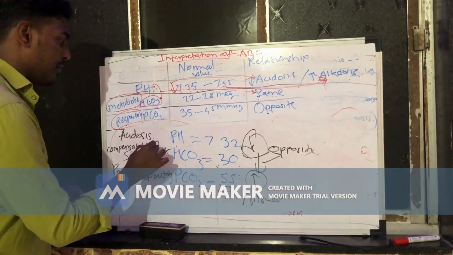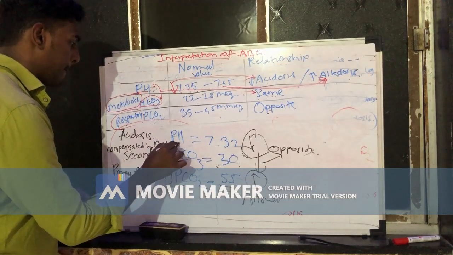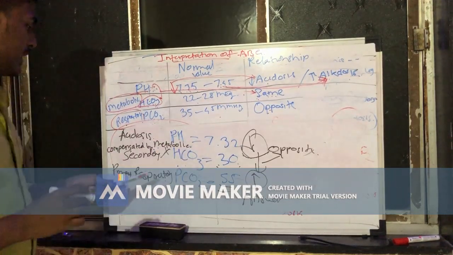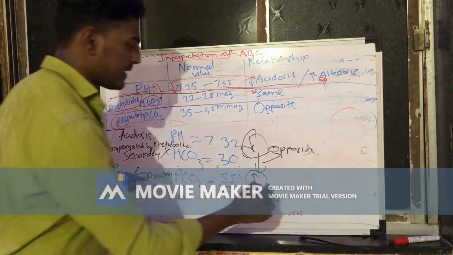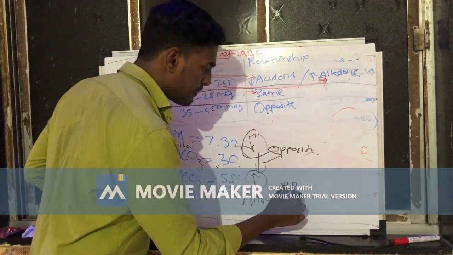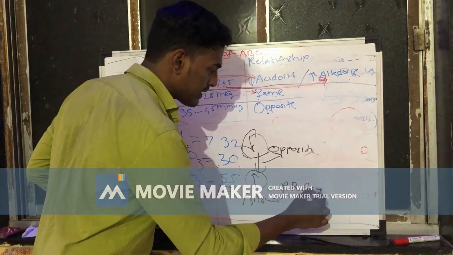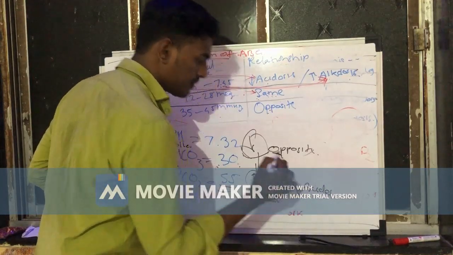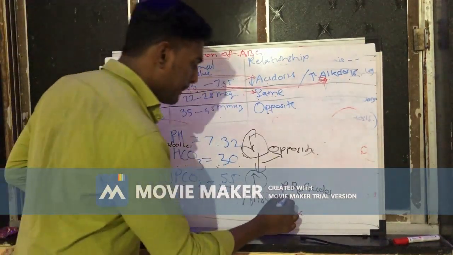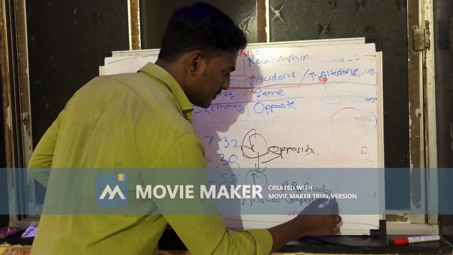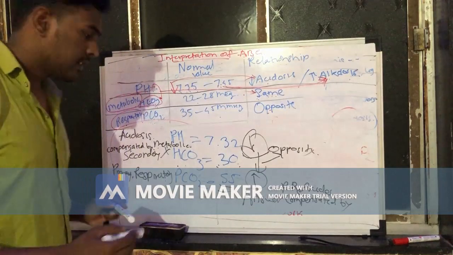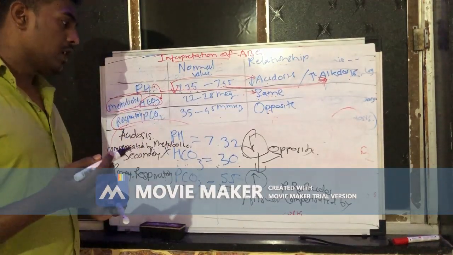HCO3 is what? Metabolic. Okay, so primary respiratory acidosis, compensated by. Who compensates? HCO3 compensates. What did he do?